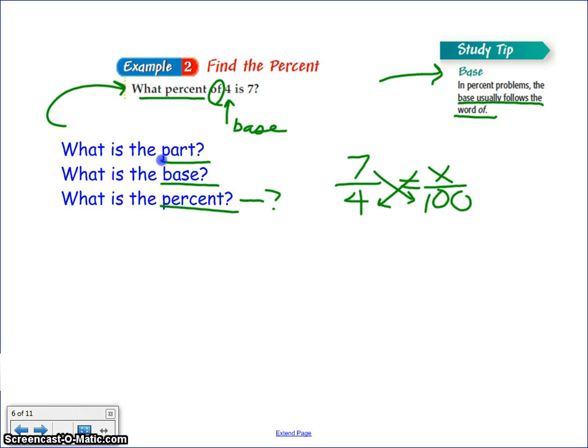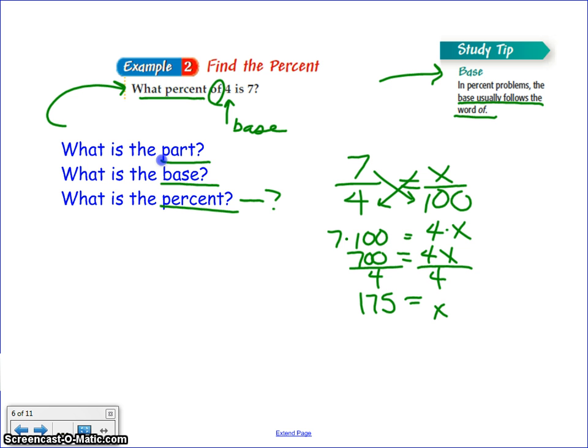do cross products. 7 times 100 equals 4 times x. Doesn't matter which one you put on which side of the equal sign, okay? 700 equals 4x. Divide both sides by 4, and we find out that x actually equals 175. So what does this mean?